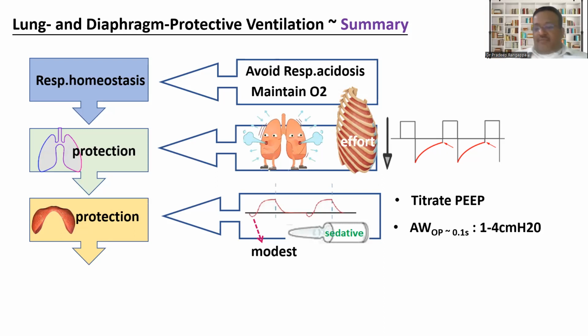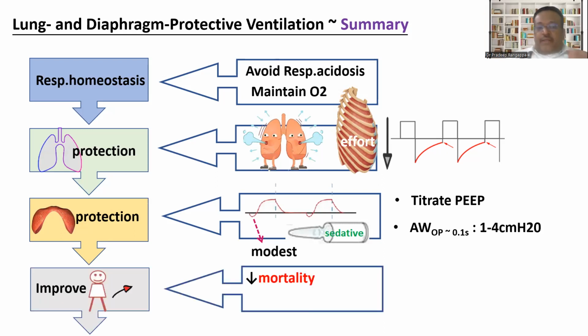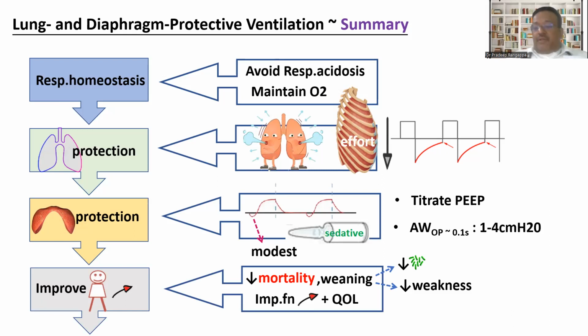And we discussed about this pressure, which is 1 to 4, and improving the patient outcome with an intent to reduce mortality. And weaning should be hastened with optimizing diaphragmatic function, because when you wean them faster, it reduces the risk of nosocomial infection and reduces the risk of neuromuscular weakness, improving the functional outcome and quality of life.